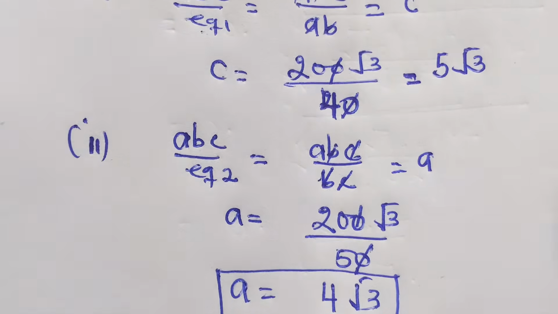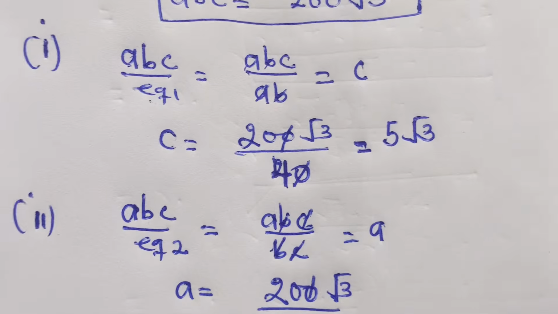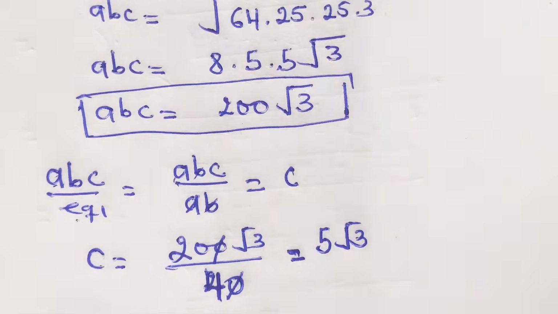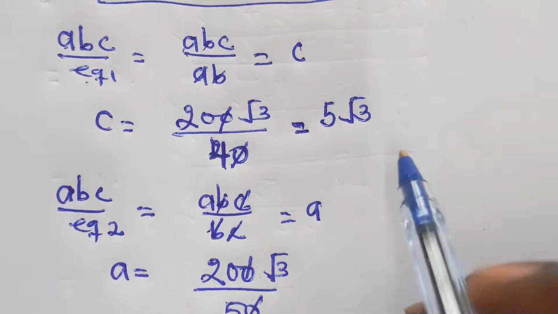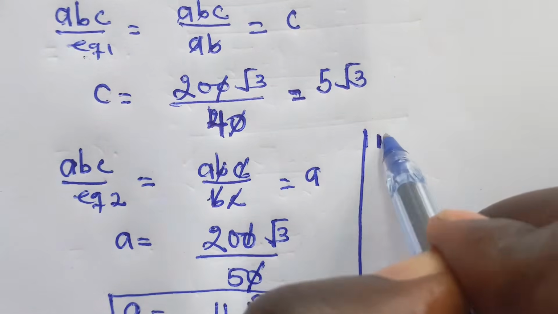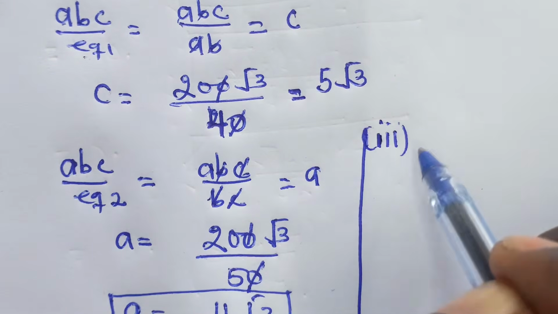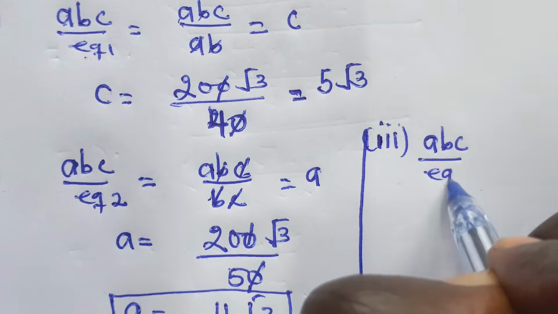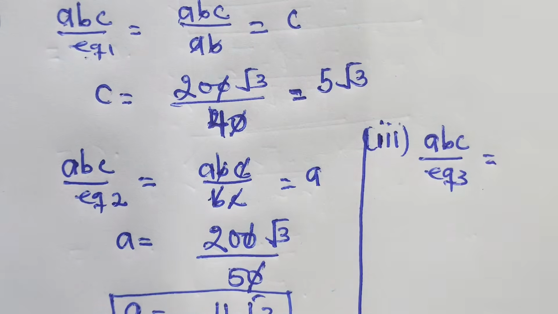Now what we have right here is this one, and here we shall find equation 3, which is ABC over equation 3 equals what?